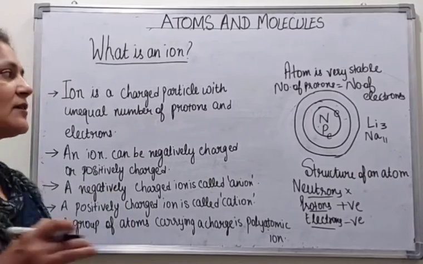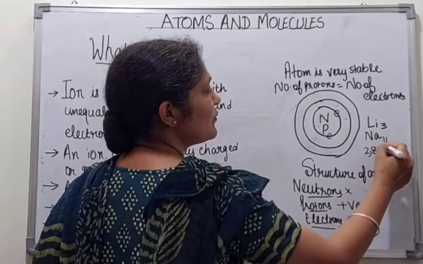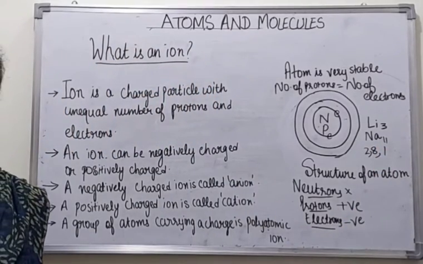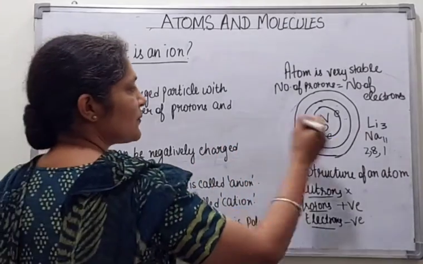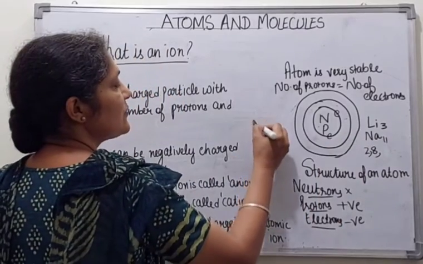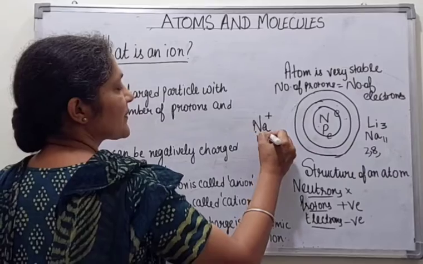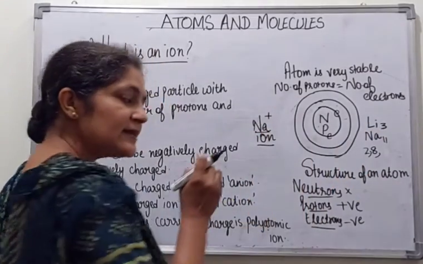Now students, we know the electronic configuration of sodium is 2, 8, 1. It has the tendency to lose one electron. If sodium loses one electron, it will become a sodium ion. Now in the sodium ion, one electron is less.